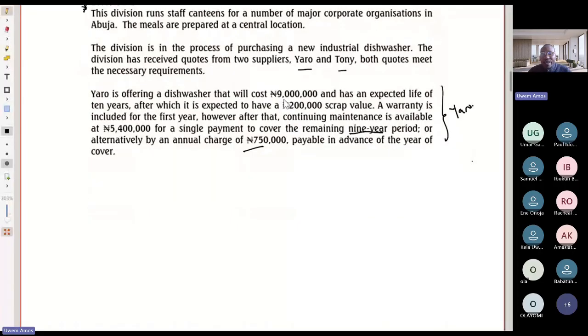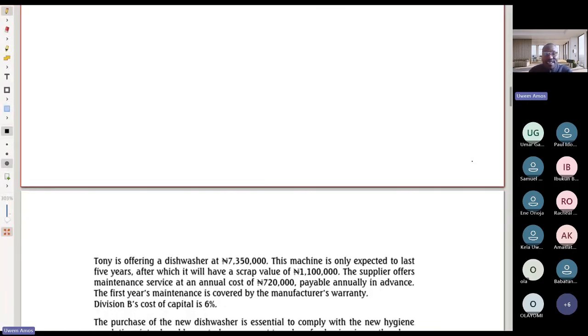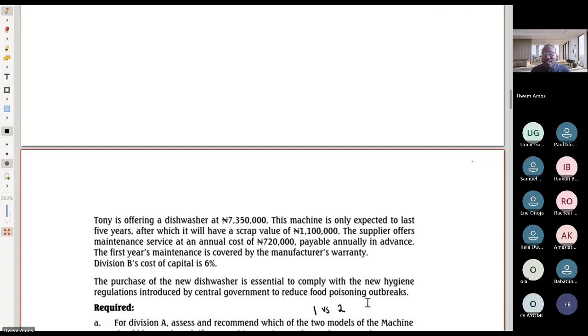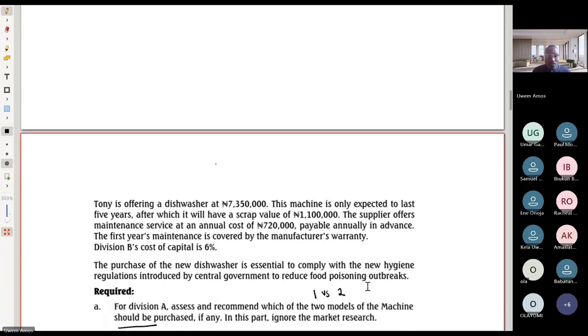The second guy, Tony, is saying, I'm going to offer you guys a dishwasher for 7,350. It will last for 5 years, after which it will have a scrap value of 1.1 million.